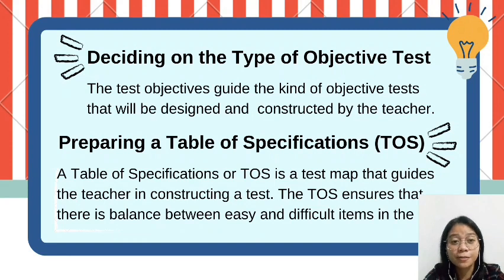Table of specifications or TOS is sometimes called a test blueprint, and it is a table that helps teachers align objectives, instruction, and assessment. So this strategy can be used for a variety of assessment methods, but it is commonly associated with constructing traditional types of tests.